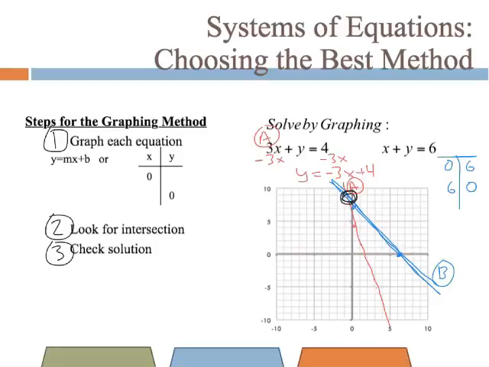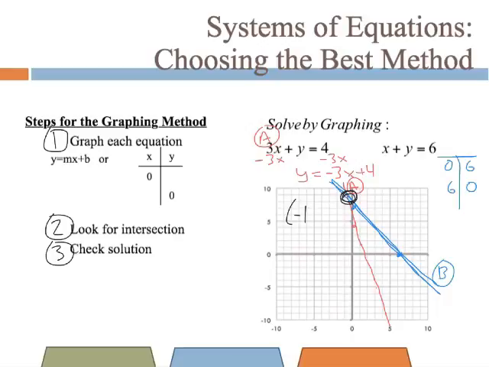It's really hard to tell because my graph is so messy, but I'm going to guess that that is a negative 1 for x, and maybe like a 7 or an 8 or a 9 or something like that. So let's try (negative 1, 8) in a second, see if that works.